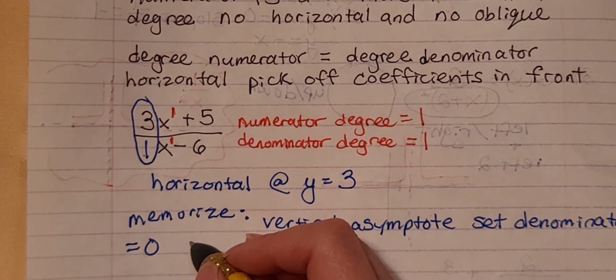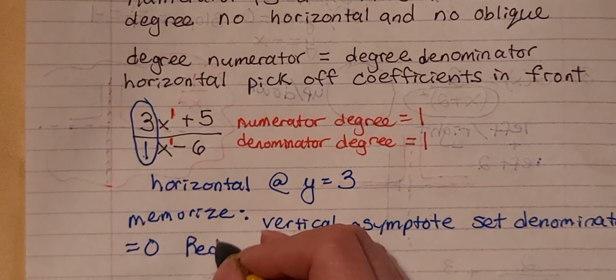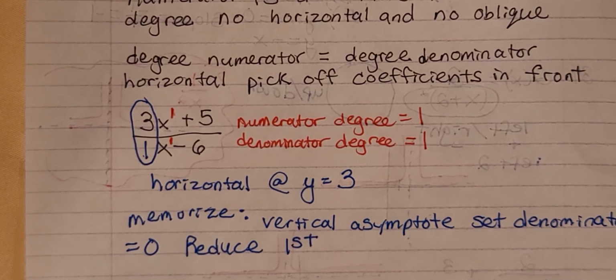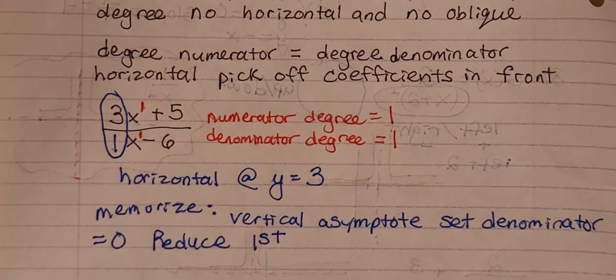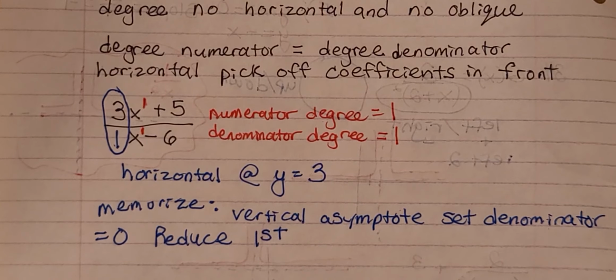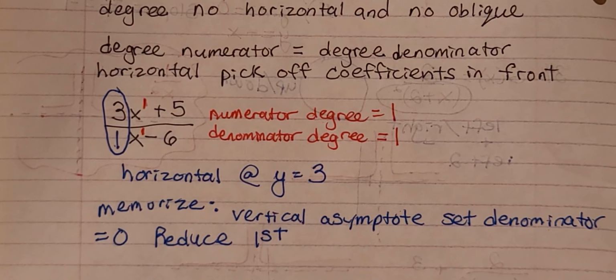And I believe you have to reduce first. Okay. If you don't reduce first, then you might be setting a hole equal to 0. And you might not have an asymptote, you might actually have a hole there. And then it's not a vertical, it's a little bit different.